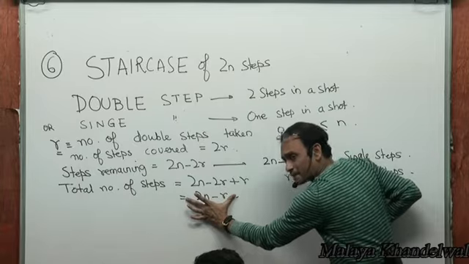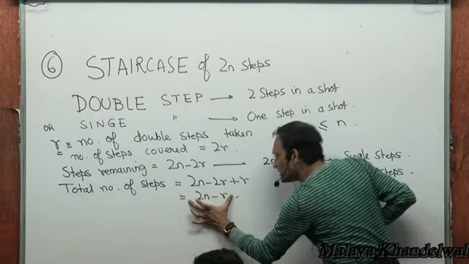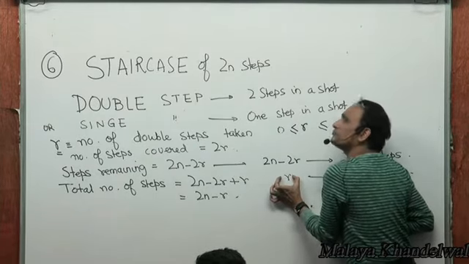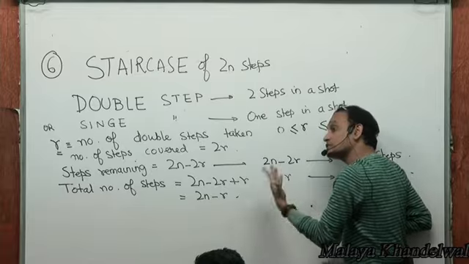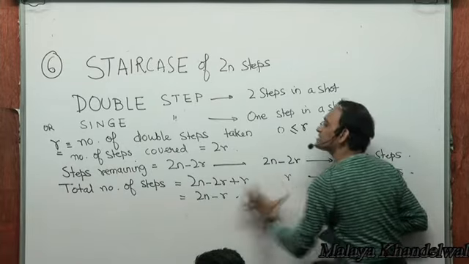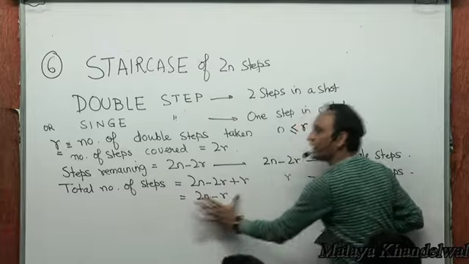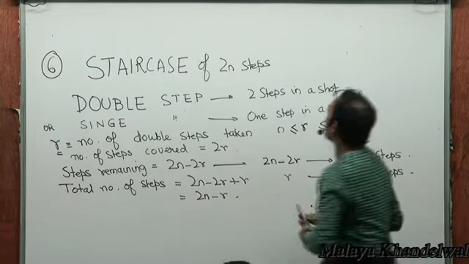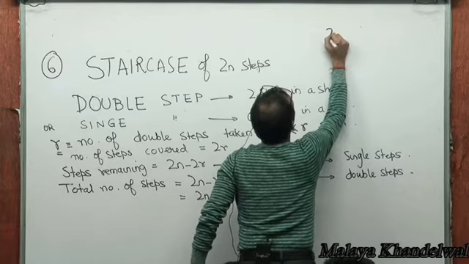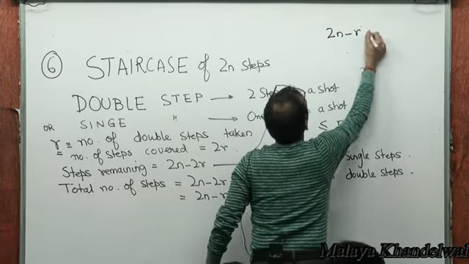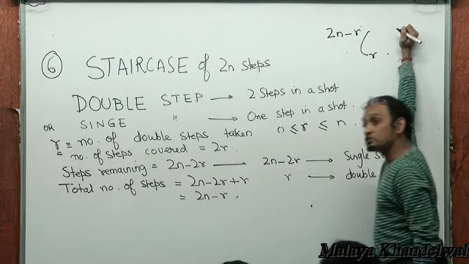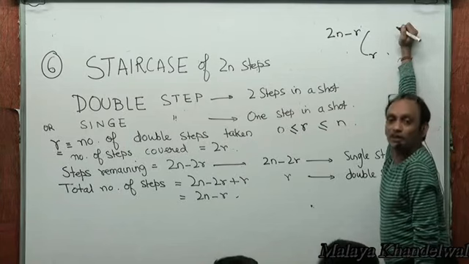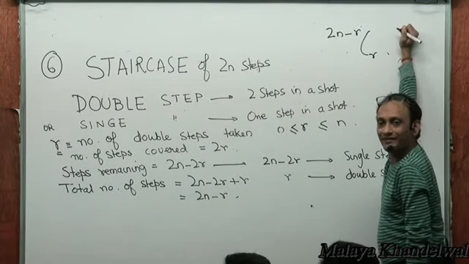These are the total number of steps to be taken, and out of these many steps, there are r of them that are double steps. Question is, in how many ways can he select r steps from these many available? 2n minus r choose r ways. So for a given r, this is the number of ways he can cover 2n steps in all, right?